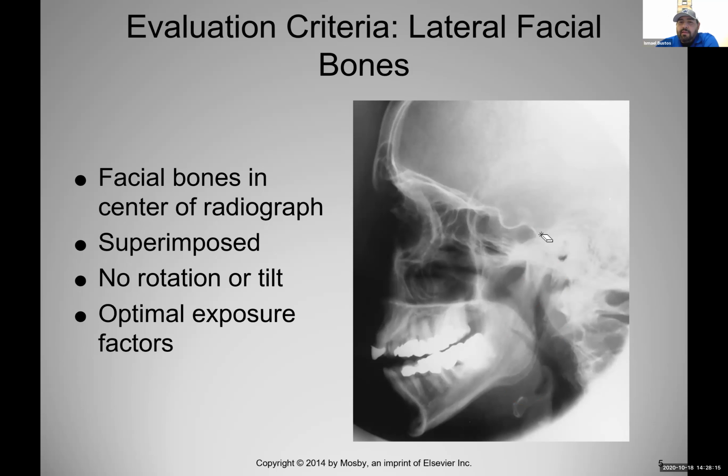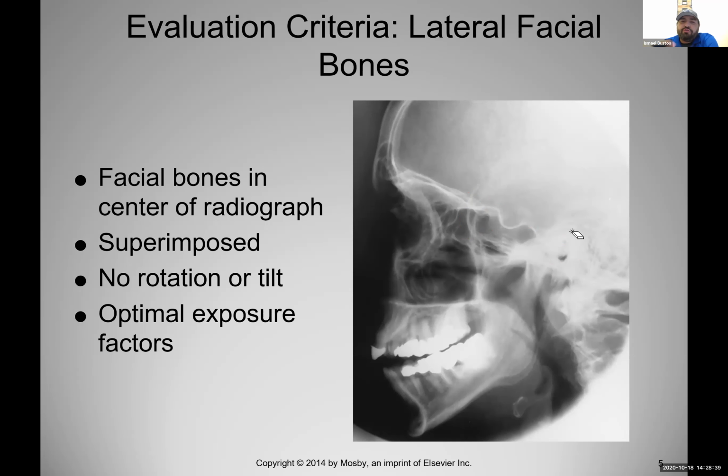All right, and the other parts of the anatomy that you can look at for rotation would be the EAM, which is right here, the sella turcica, and then the greater wings of the sphenoid, which are right there. Now, if we're looking at tilt, we can again look at those three structures, the EAM, the sella turcica, and the greater wings of the sphenoid.